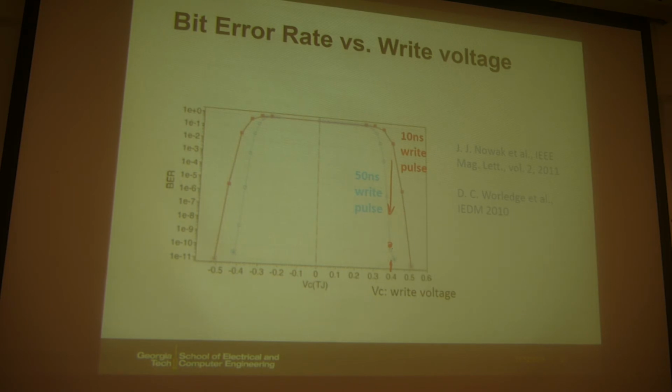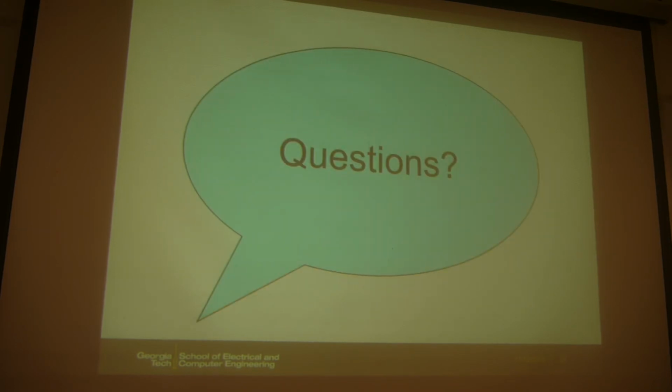But this is not 100% guaranteed, so you still need ECC, error correction. Depending on the voltage you apply, you have different bit error rates, and then you can design the corresponding ECC scheme to recover this. Questions?